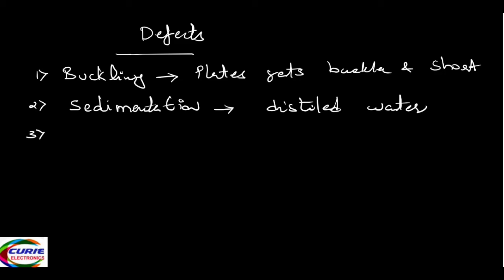And third, what's a defect? Something called sulfation. Sulfation is one of the important things we have to remember. Sulfation means if the battery is completely discharged and you don't charge it for 2 or 3 weeks, the sulfate becomes hard. Lead sulfate is formed while discharging the battery.